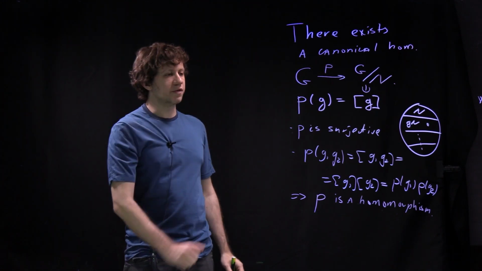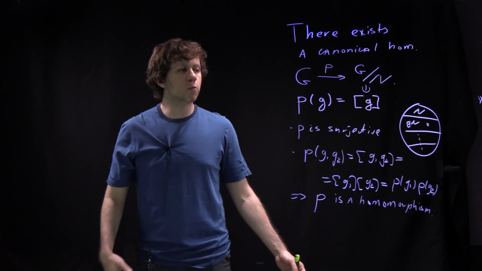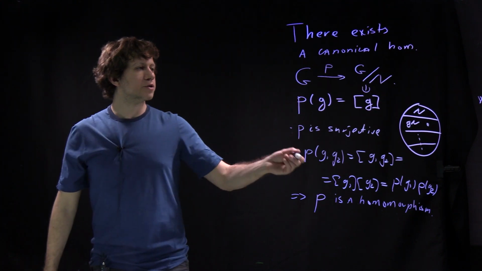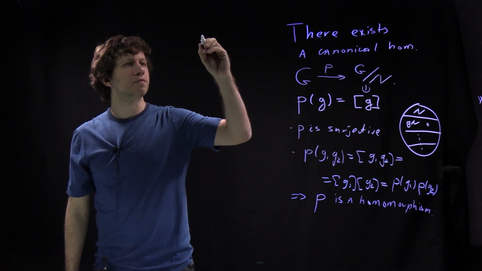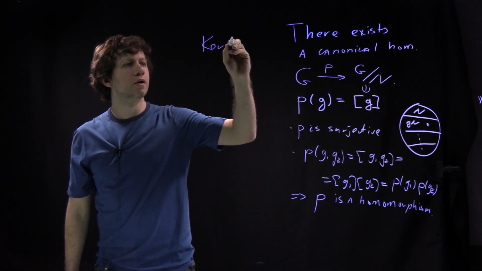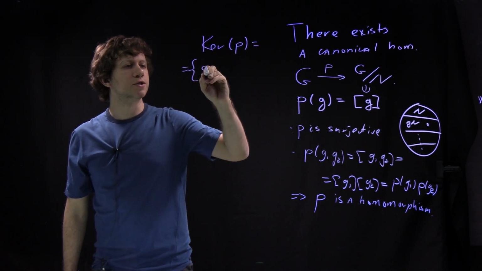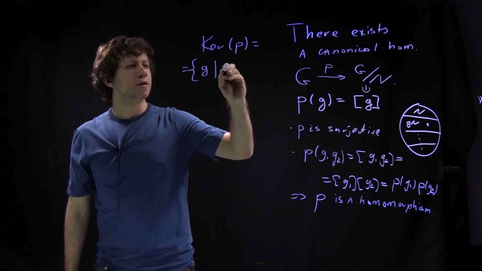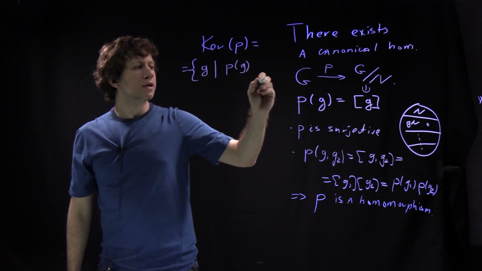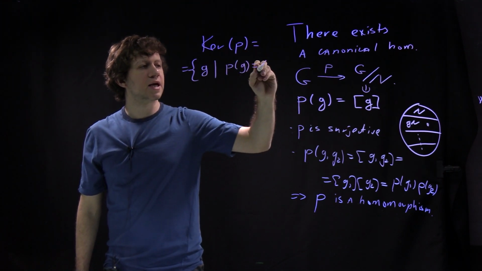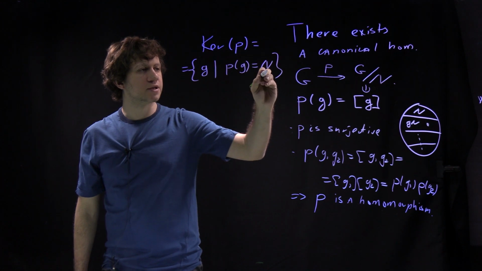So it is a homomorphism, and finally we can look at the kernel. So, a surjective homomorphism, and the kernel of P, you can guess what it is. This is the set of elements G such that P of G is the identity, and this means it's N, as the class of the identity.